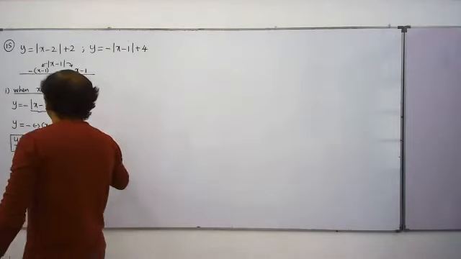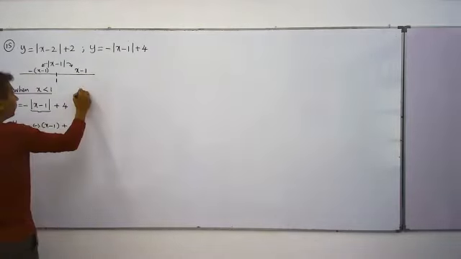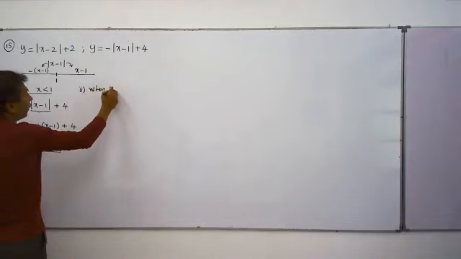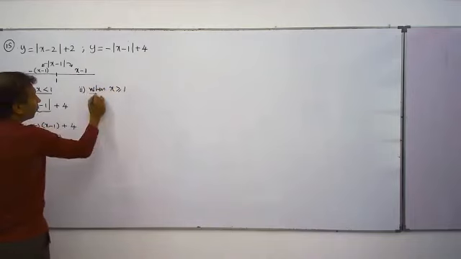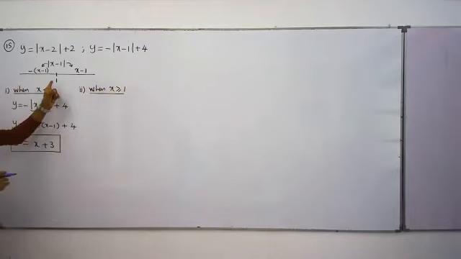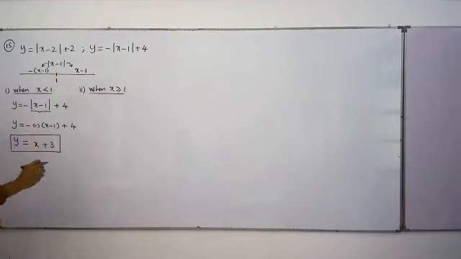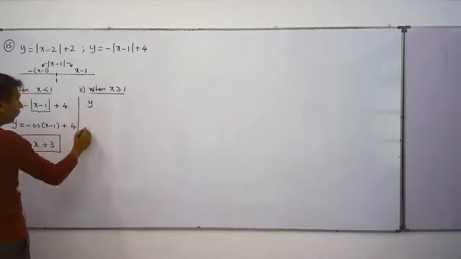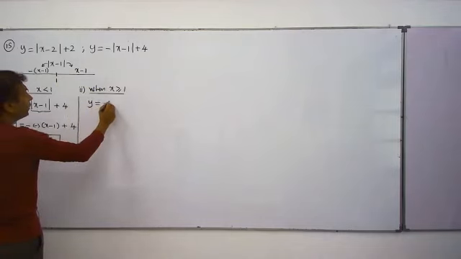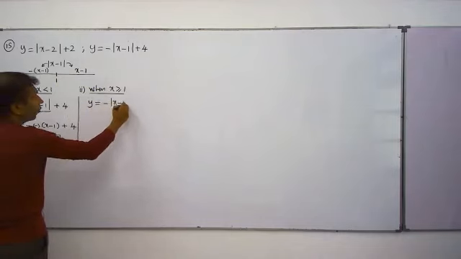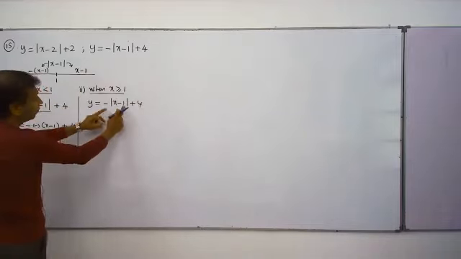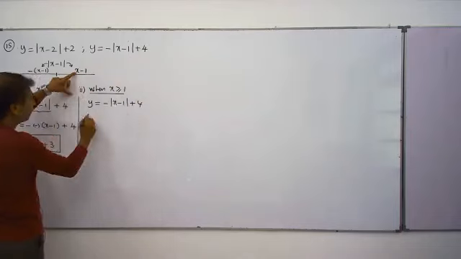What is the second region? When x is greater than or equal to 1, the right hand side of 1, with the equal sign also coming with that. It is y equals minus mod x minus 1 plus 4. For this place we have to put x minus 1.